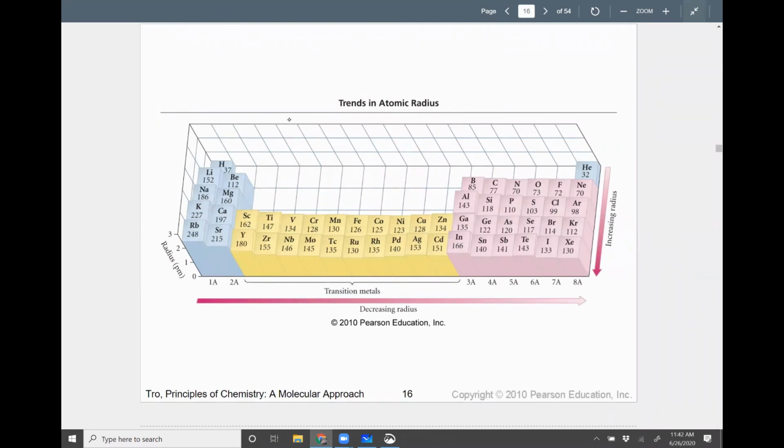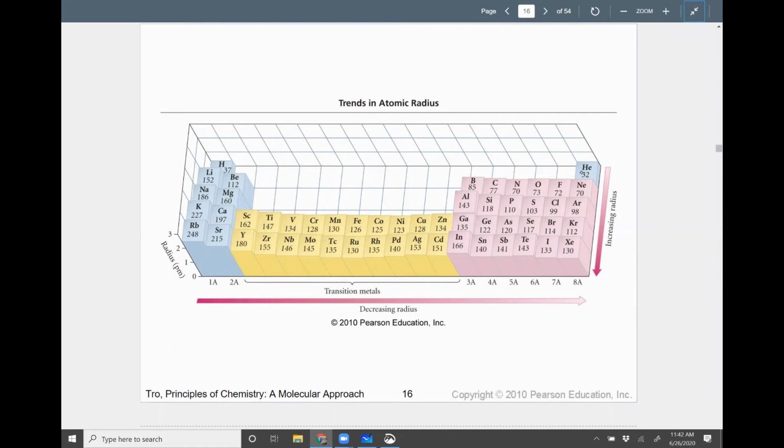So as we go down the periodic table, the atomic radii gets bigger. But what's weird is when we go from left to right, hydrogen, with only one electron and one proton, is actually larger than helium with 2 electrons and 2 protons.